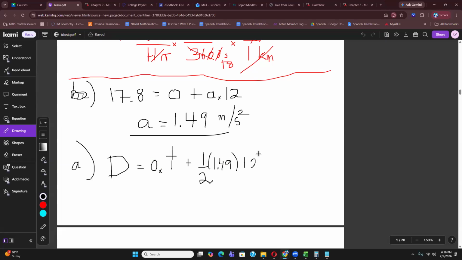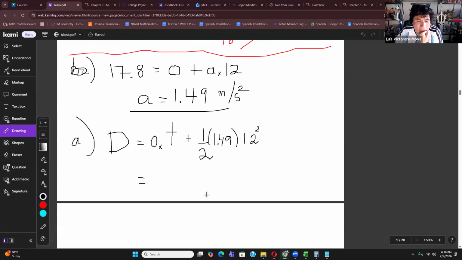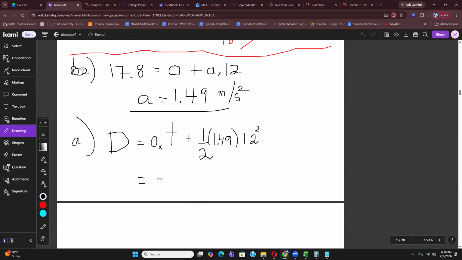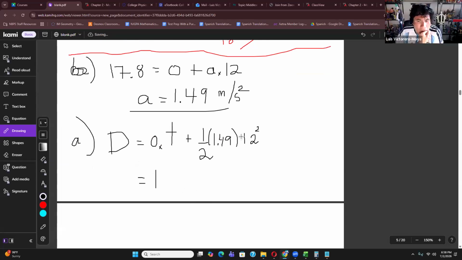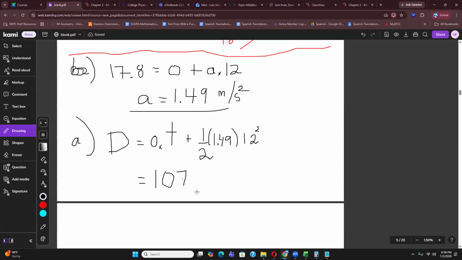That's about 100 something. I got 107, but someone check me because I've been getting everything wrong so far. I also got 107.